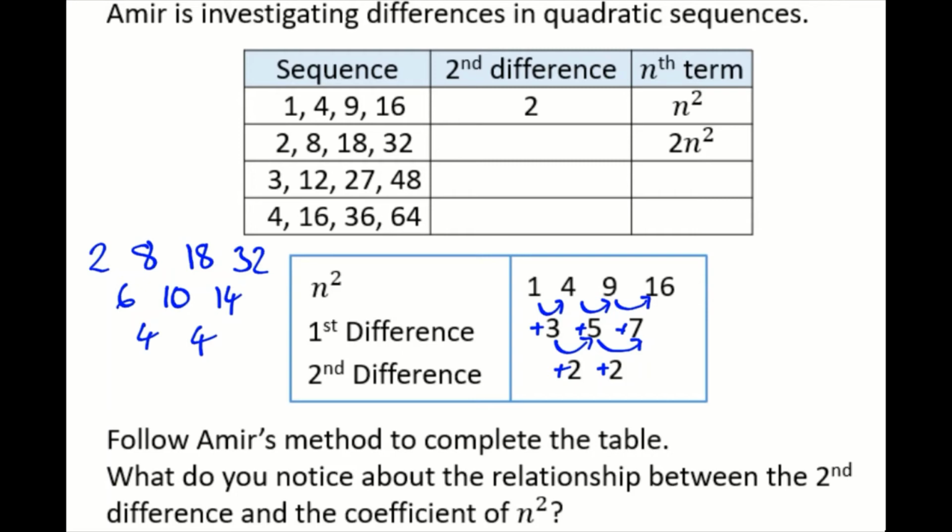So the second difference in this case was 4. If you repeat the process, you will have found that you got 6 for the second difference when it was 3n squared, and 8 for the second difference for 4n squared. Hopefully you realised that if you half the second difference, you get the number of n squared.